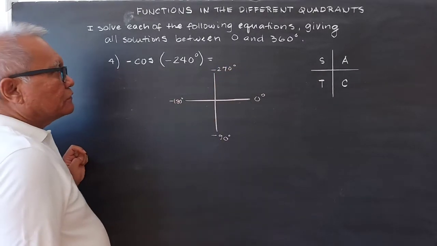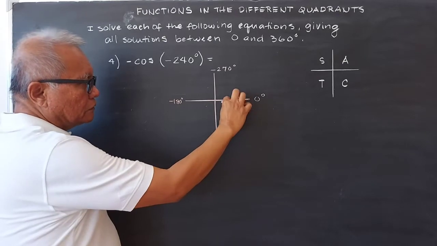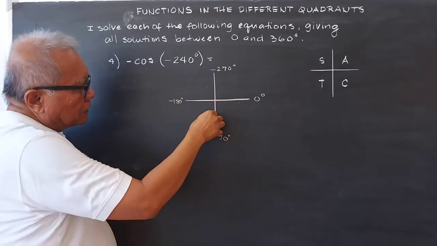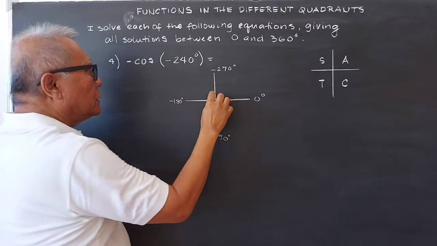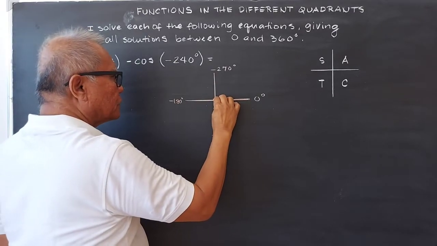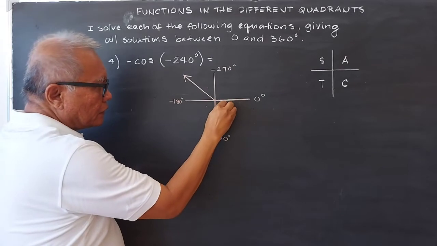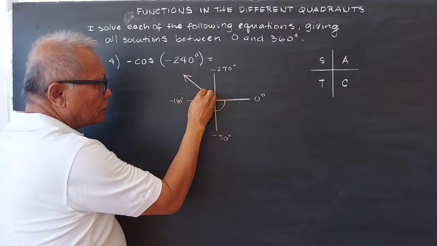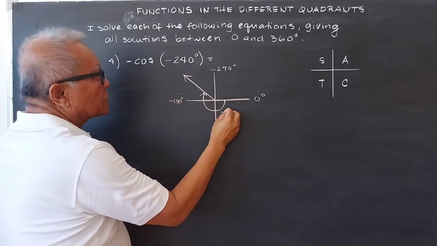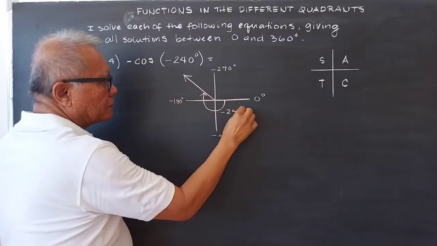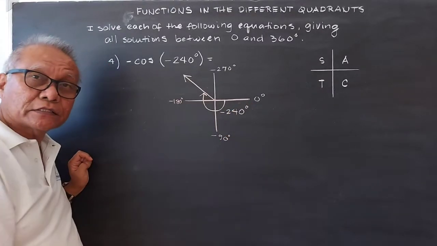So where is the negative 240? It is somewhere here, from here in a clockwise direction. We have an arrow here. This one is our angle 240 degrees.